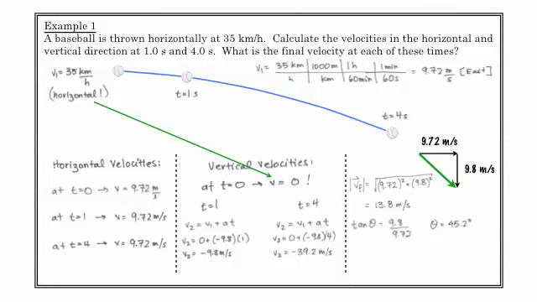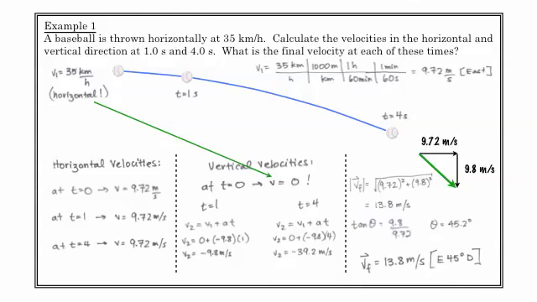Okay, so because it's a vector, we need to report the direction. So we'd say that the final velocity is equal to 13.8 meters per second, in a direction of east, 45 degrees down. Or you could say east 45 degrees south, or you could say right 45 degrees down. Any of these combinations is just fine.